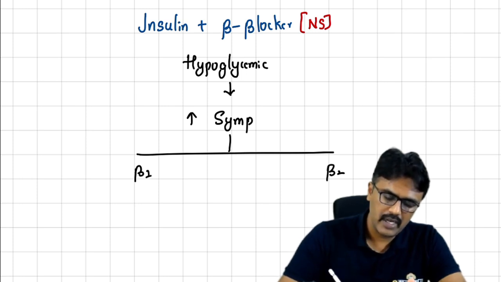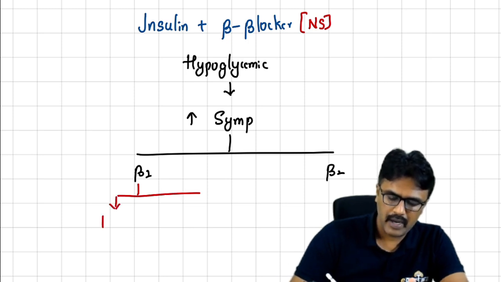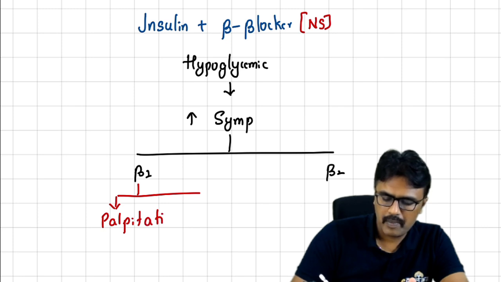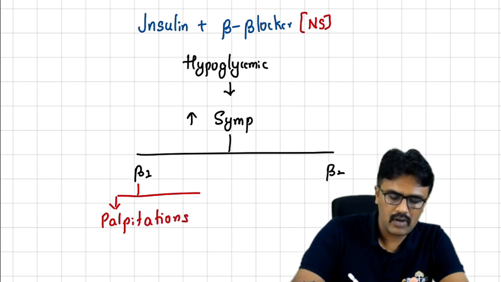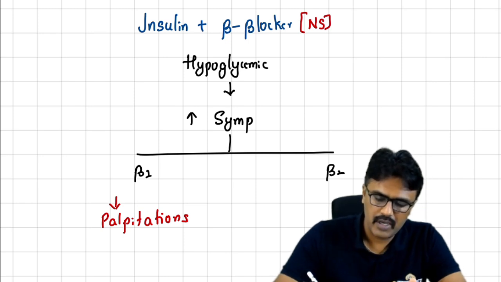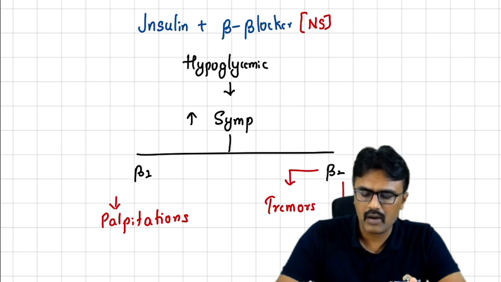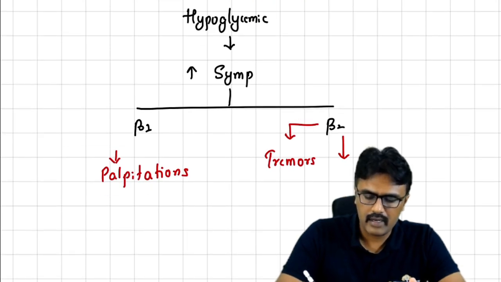The stimulation of beta 1 is the one which is responsible for palpitations. Now the stimulation of beta 2 is the one which is responsible for tremors, and also this beta 2 will work on the liver and it increases glucose.